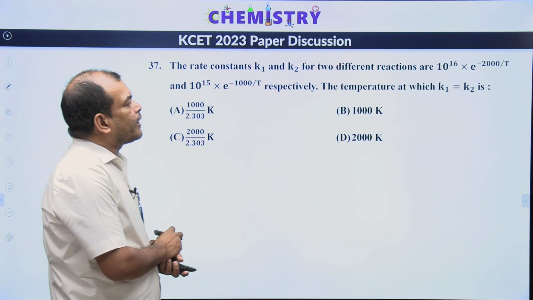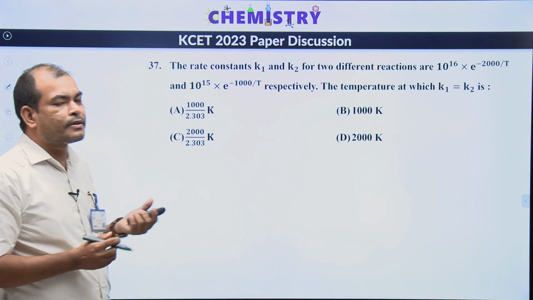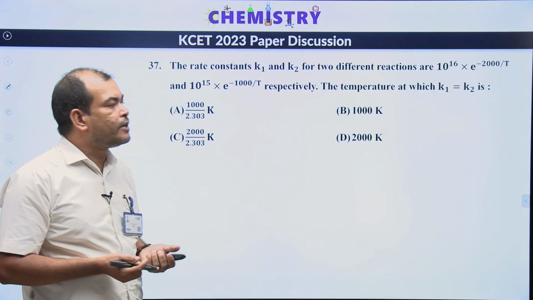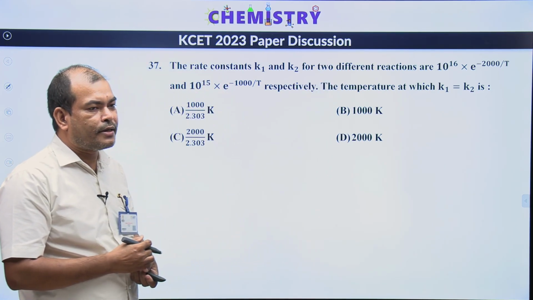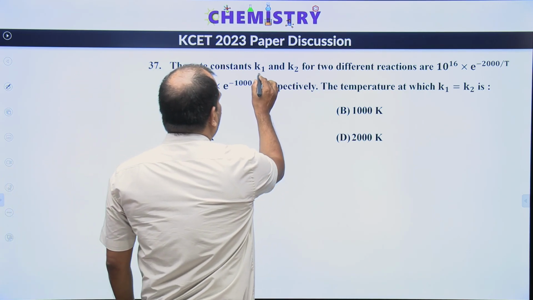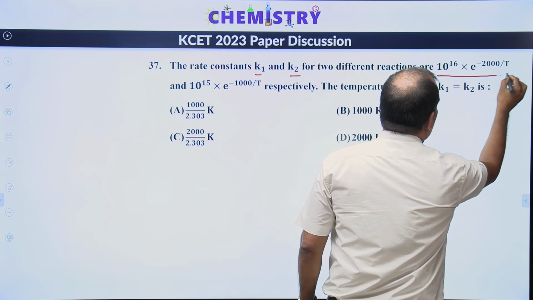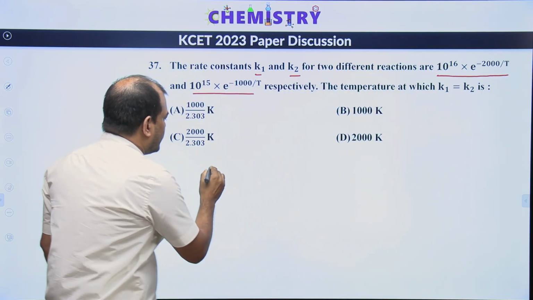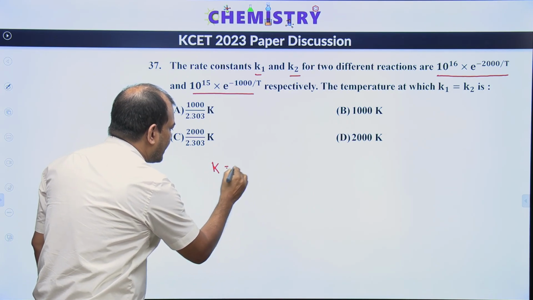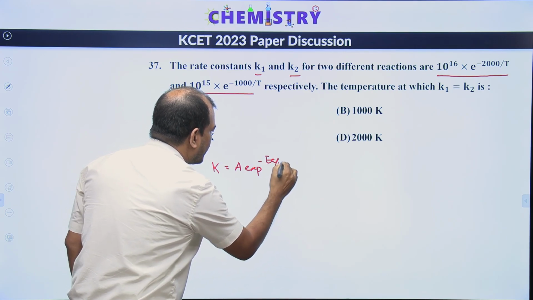This is also a simple question. Again, it is coming from the same concept, the Arrhenius equation, the relation between the rate constant, the Arrhenius parameter and the activation energy. Rate constants K1 and K2 for two different reactions are given. As I already mentioned, K is equal to A exponential power minus EA by RT.